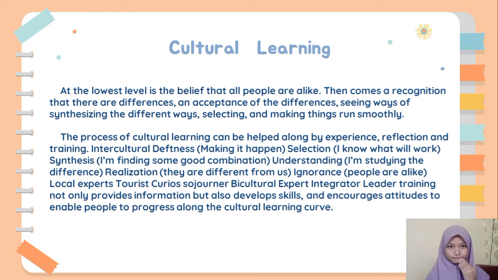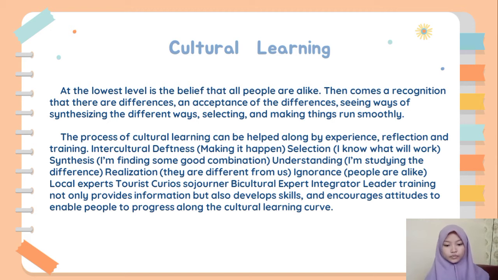Cultural learning. At the lowest level is the belief that all people are alike. Then comes a recognition that there are differences, an acceptance of the differences, some ways of synthesizing, and different ways of selecting and making things run smoothly. The process of cultural learning can be helped along by experience, reflection, and training. Selection: I know what will work.